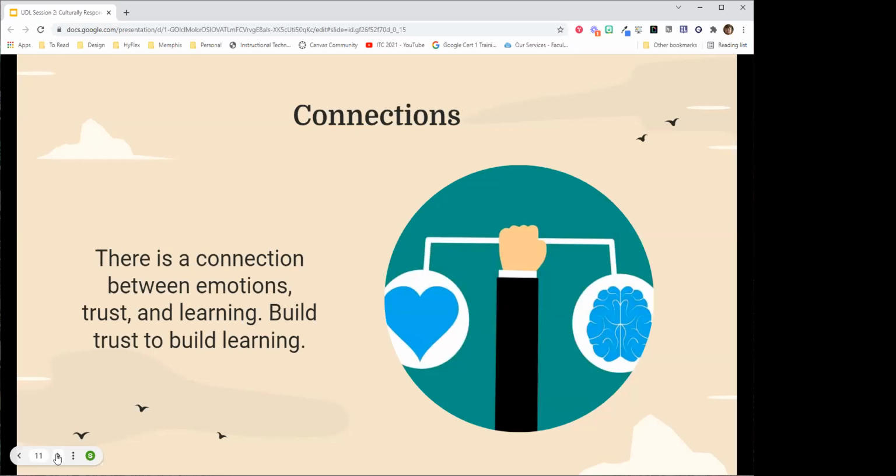Connections. You're going to want to try to connect with those students and build that trust in order for them to share with you things that you may not have thought about, or different ways of approaching information, both delivery of the content and delivery or receiving of an assessment.